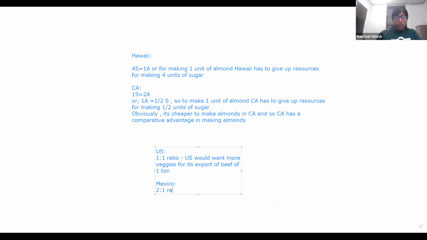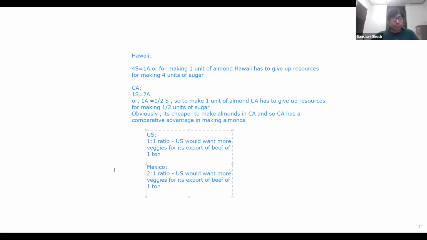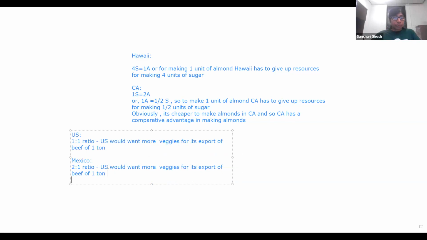Give up 2 tons of vegetables in order to get more beef. Mexico would want to sacrifice less veggies for its import of beef for 1 ton, right?